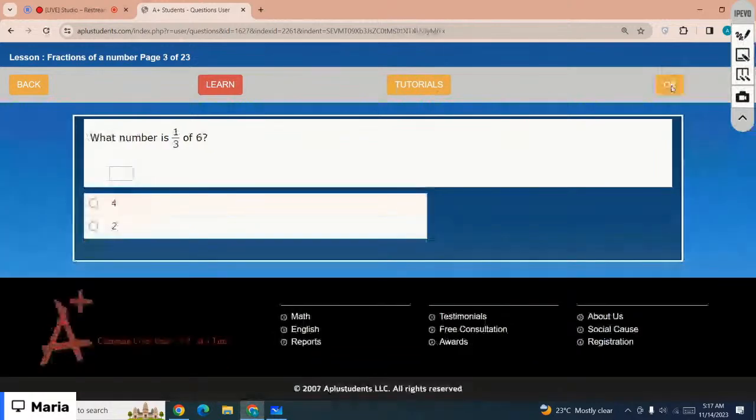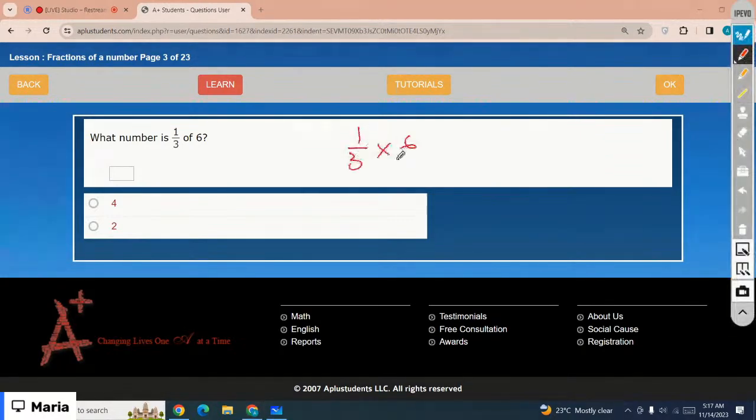Okay, the next one is what is 1/3 of 6? So which is the correct option? One third of 6 is, please do not guess the answers, just solve them. 1 by 3 times 6, right? 6 times 1 is 6 and 3 times 1 is 3. 3 times what number is 6?